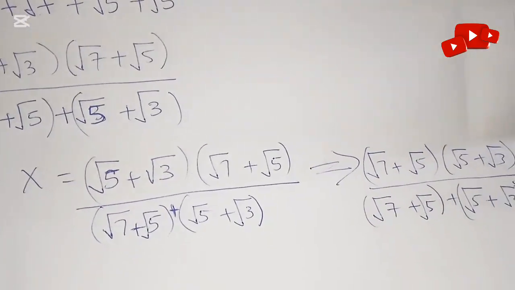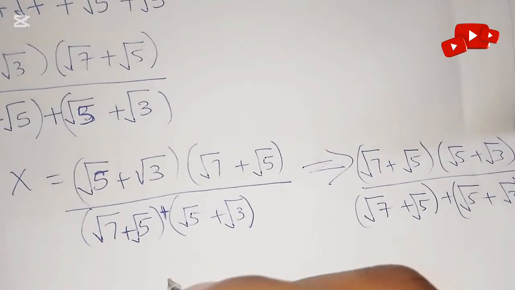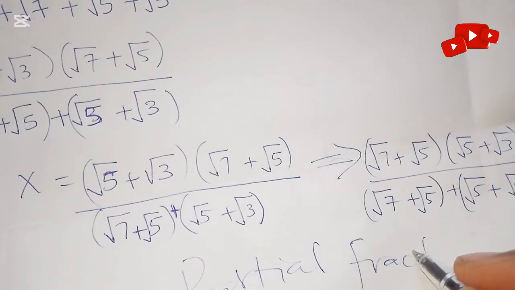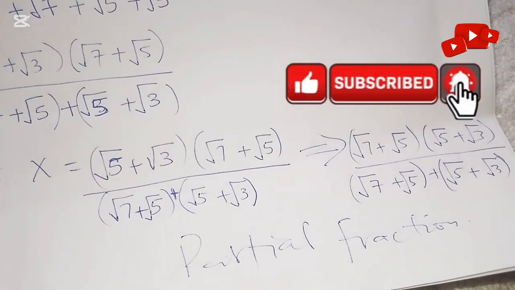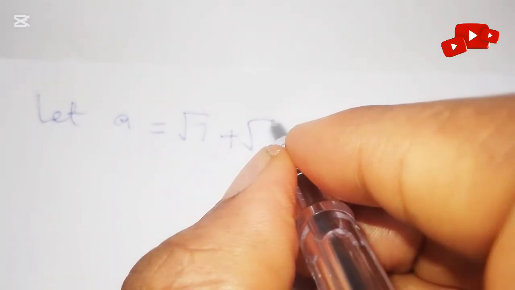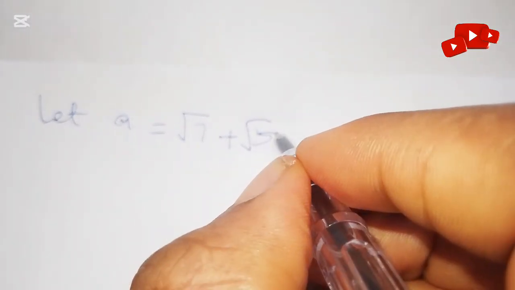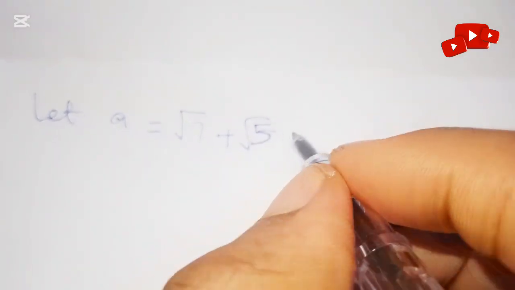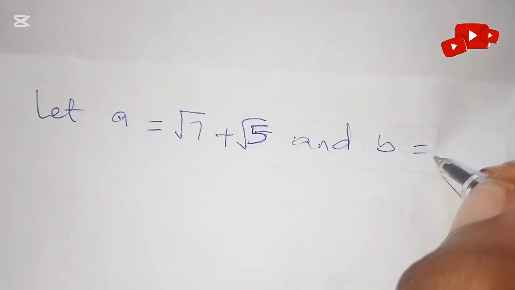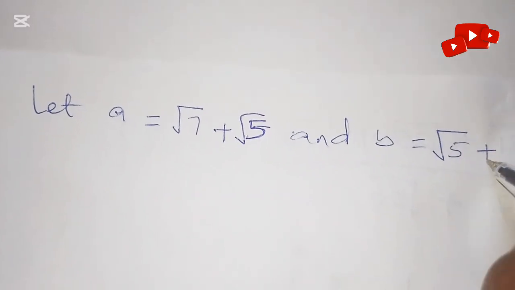So now we're going to introduce the partial fraction knowledge in this case. So we'll say let A be root 7 plus root 5 and B be root 5 plus root 3.